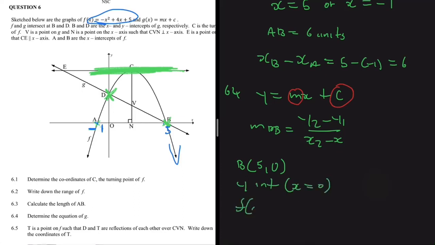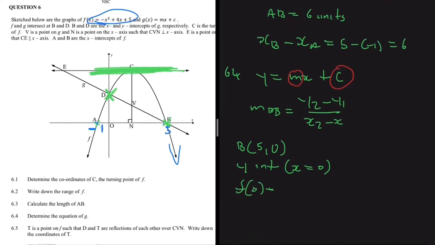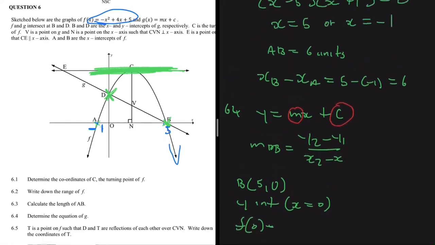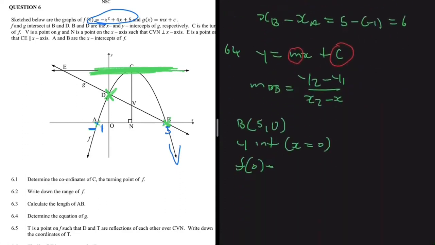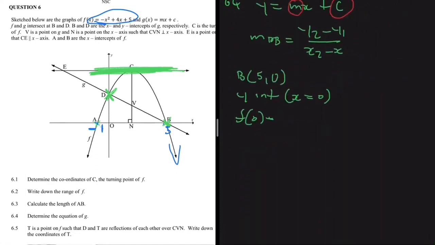So f of 0 will be equal to, so what's our equation? So we substitute in 0 here, that will be 0, and then we substitute 0 here, that will be 0. We'll only be left with 5, right? So f of 0 is 5. So now we can say that the coordinates of D is 0 and 5.